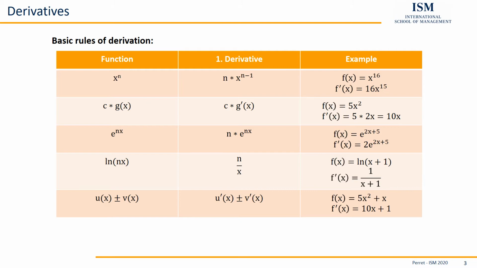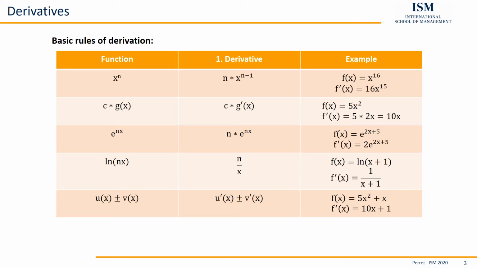If I have, as an example, x to the power of 16, I pull the 16 in front, and then I subtract 1 from the 16, giving me 16x to the power of 15. That's a neat thing, because we can use this same type of function in different other contexts as well.